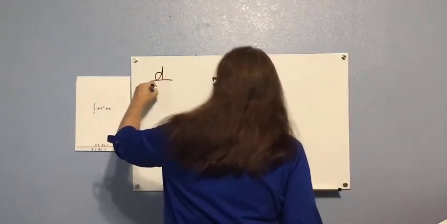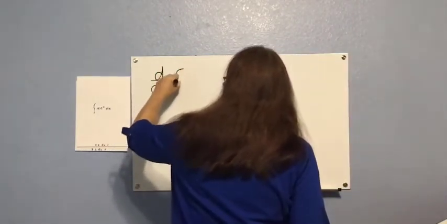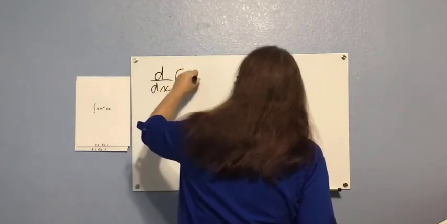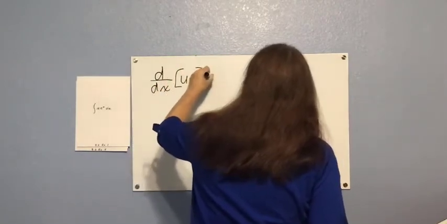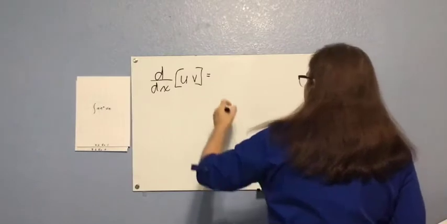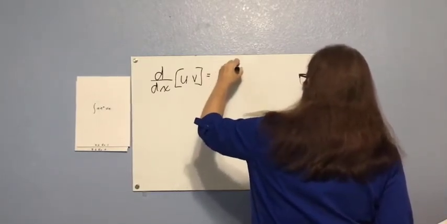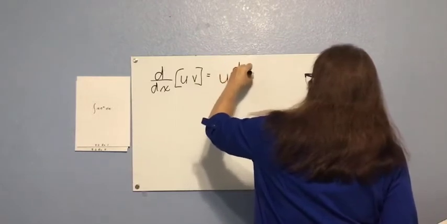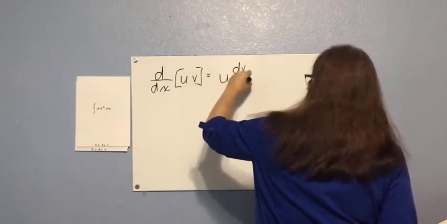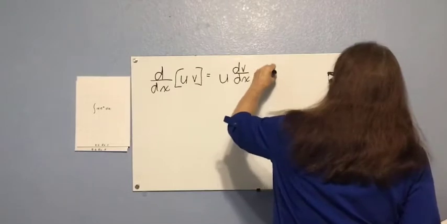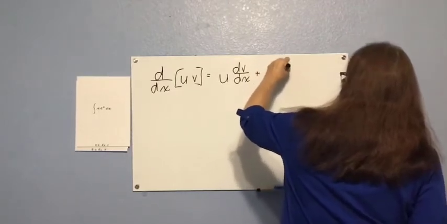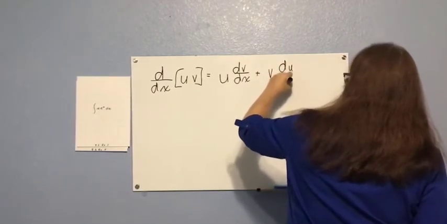The derivative with respect to x of two functions u times v. The product rule tells me that this is equal to u times dv dx plus v times du dx.